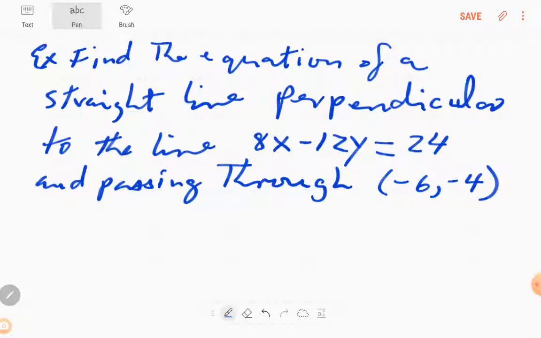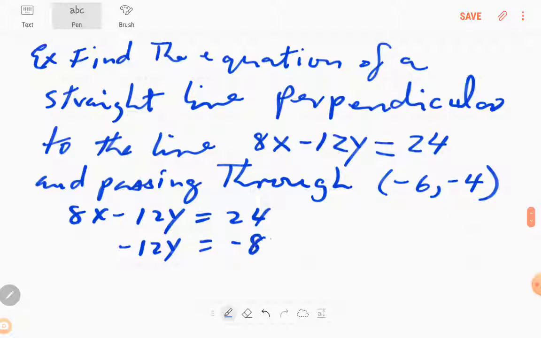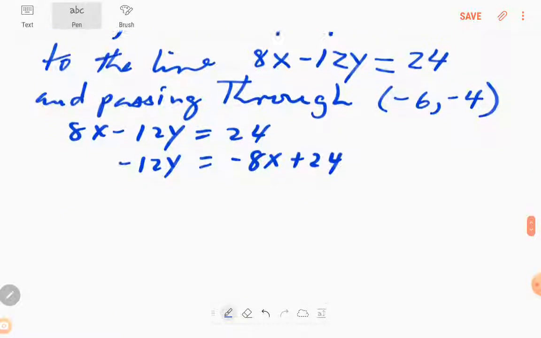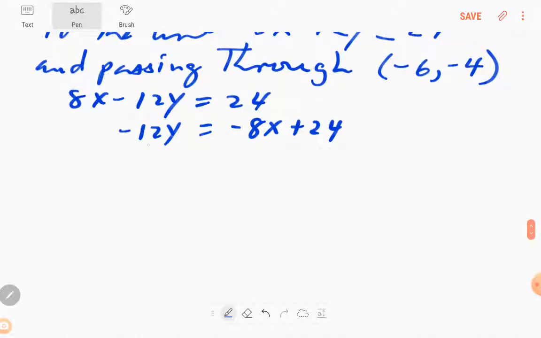So here we want to solve for y. We have 8x minus 12y equal to 24. So subtract 8x from both sides, and now we'll divide each term by minus 12.